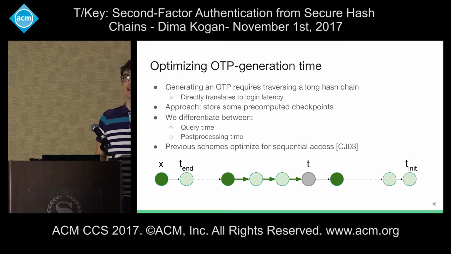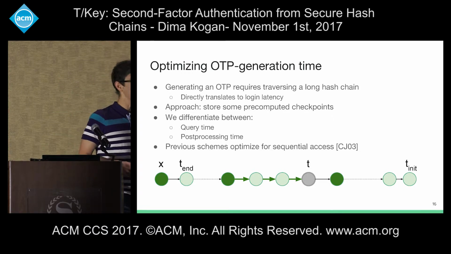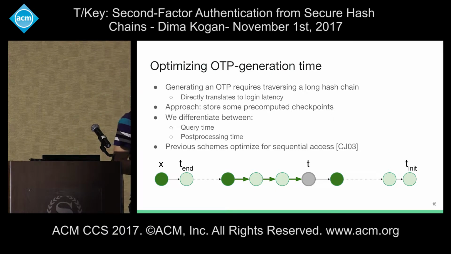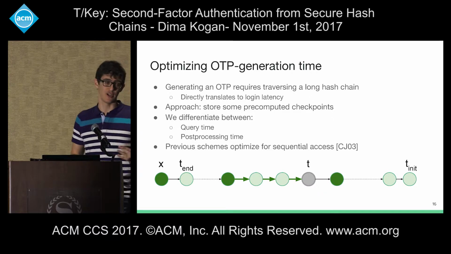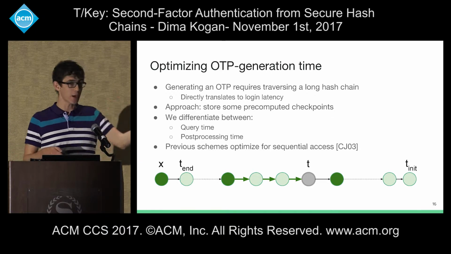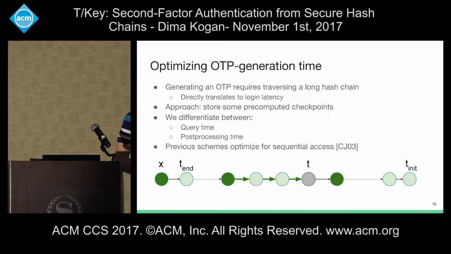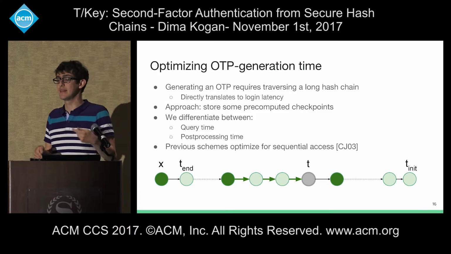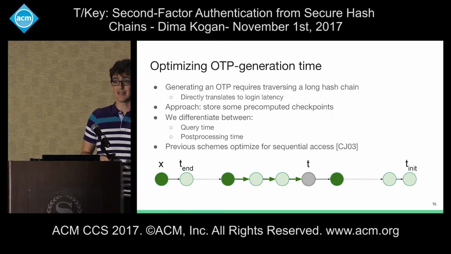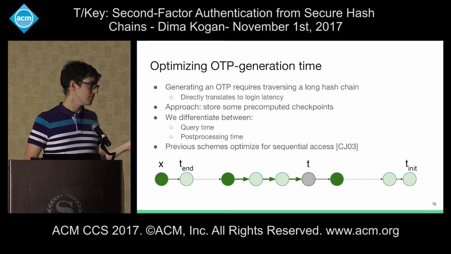Specifically, we can differentiate between the query time, which is the time it takes, given the pre-computed data, to generate the current one-time password, and a potential post-processing phase, which happens after the password is generated and could be used by the client to update the checkpoints and the pre-computed data. The reason for this distinction is that the second phase, although also important, does not directly translate into login latency, as the password is already generated after the first phase.